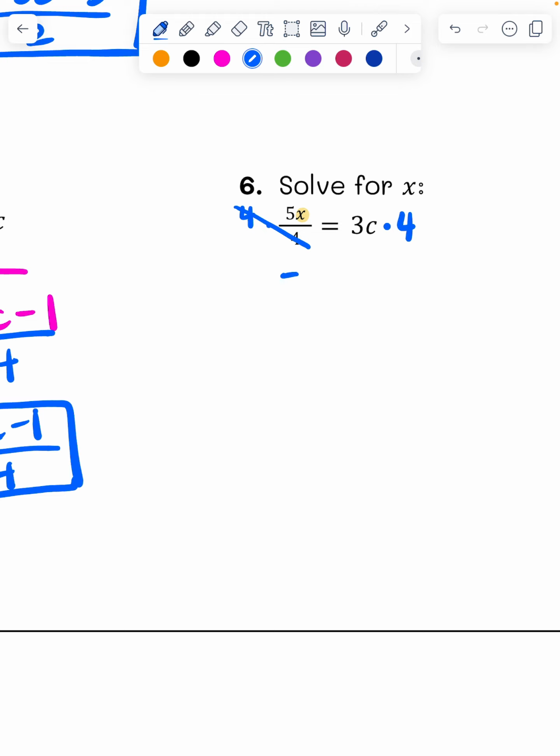So now I have 5x equals, now remember when you're multiplying, these do not have to be like terms. Just multiply the coefficient by 4. So 3 times 4 is 12c. Last step, divide by 5. x equals 12c divided by 5.